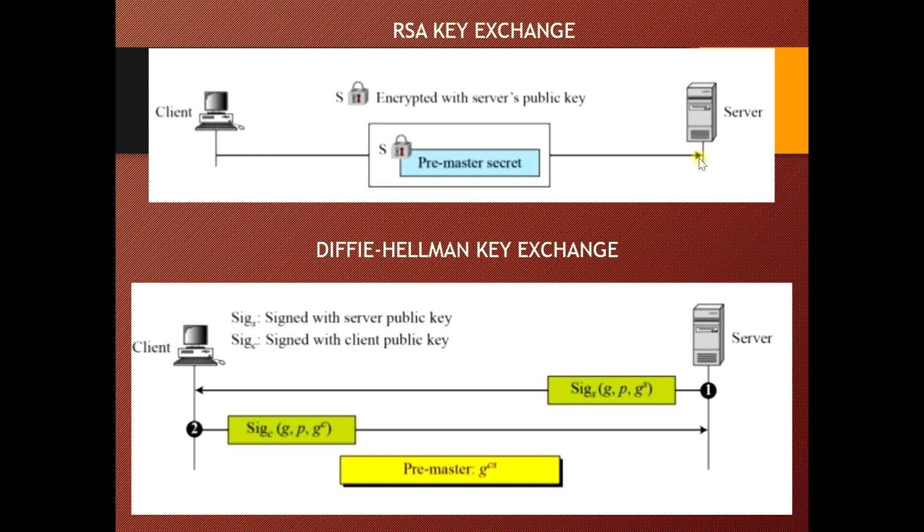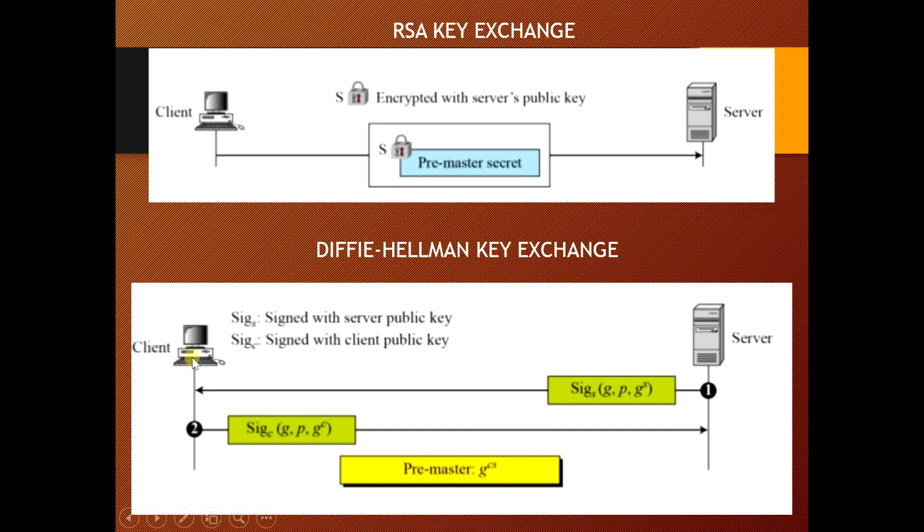Whereas in the case of Diffie-Hellman, both the client and the server will generate a Diffie-Hellman public key, and after these keys are exchanged, each side will perform the Diffie-Hellman calculation to create the shared pre-master secret.